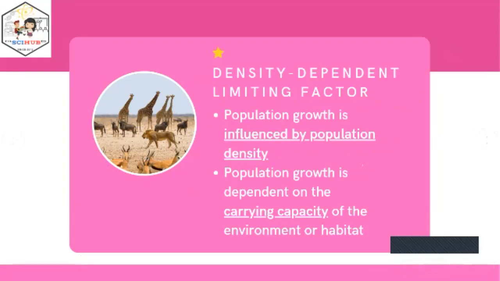This is also known as a regulating factor. This is any force that influences the size of a population of living things in response to population density, or the number of individuals per unit area. Biological processes, rather than physical or chemical phenomena, are often the source of density-dependent factors.